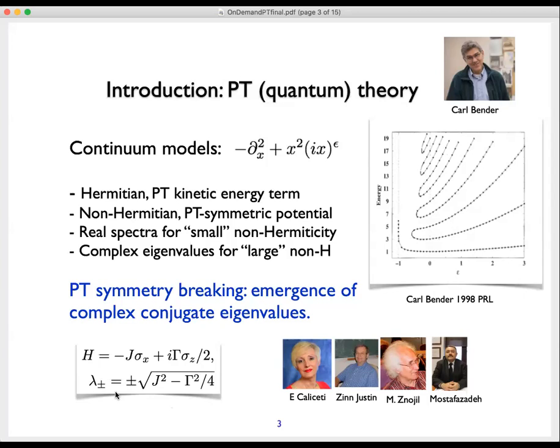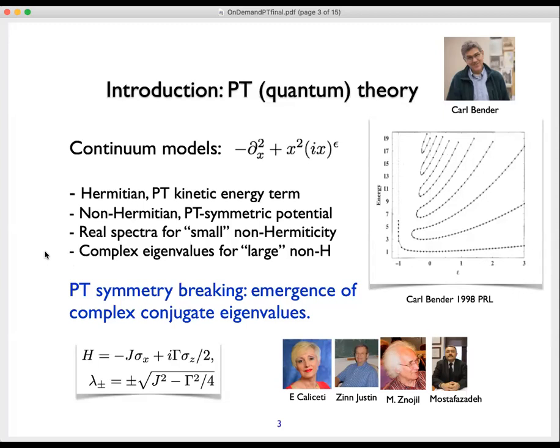And then eventually at gamma equals 2j, the angle is basically going to 0, or in other words, you have an exceptional point degeneracy. And that has been a source of a lot of interesting results on the experimental front when these kind of Hamiltonians are effectively implemented in classical systems or classical wave systems.